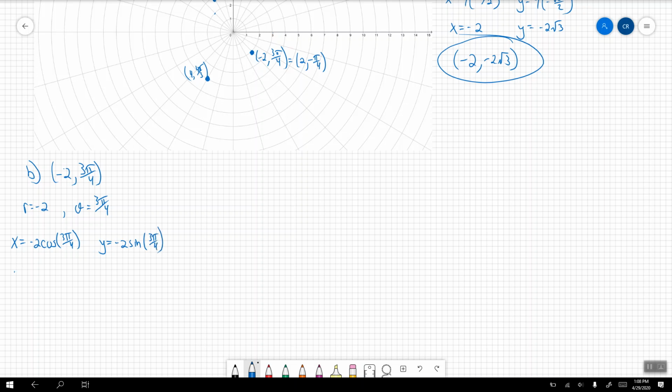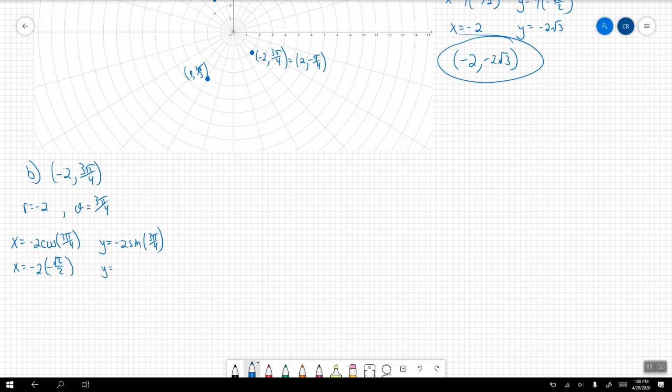As we keep going with this coordinate system, that's going to be negative 2 cosine of 3 pi fourths. 3 pi fourths should be in the second quadrant. Cosine is negative in that second quadrant, and pi fourths should just be root 2 over 2, so this is negative root 2 over 2.